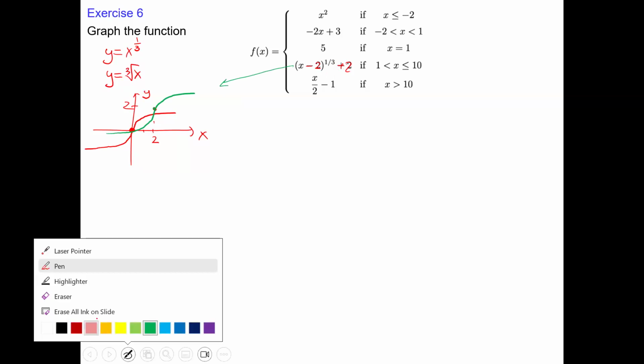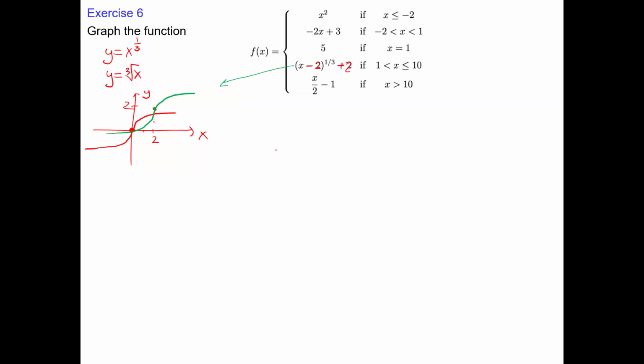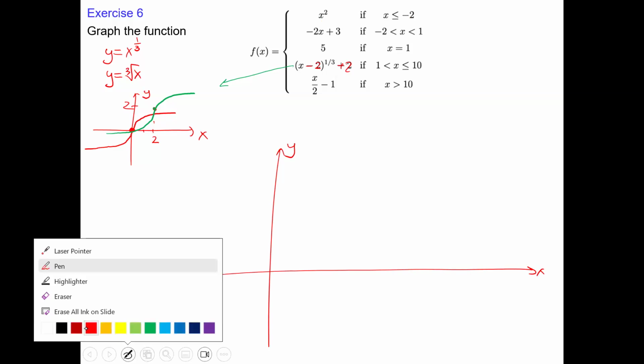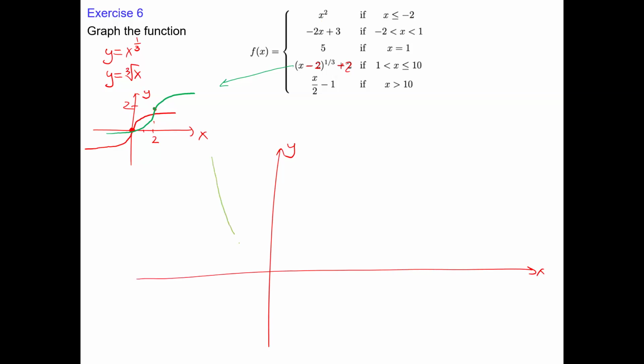But now let's put everything together. I don't know exactly how to plan it. Let's look at it this way. We have the parabola x squared, but we have to stop at -2, not at +2.